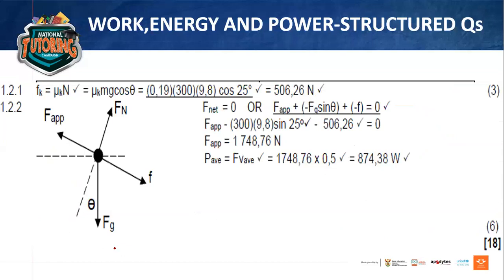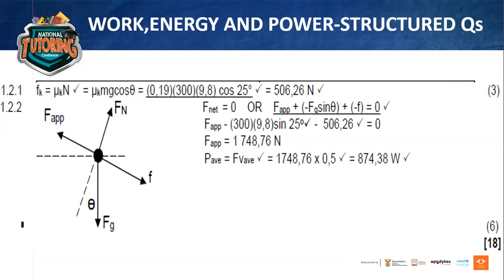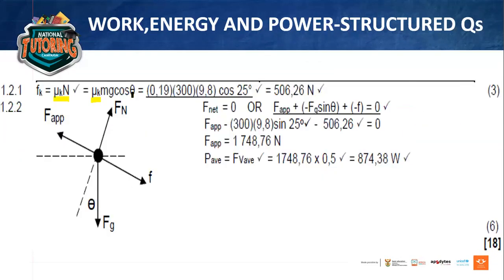Our answer then, the formula to calculate kinetic friction is Fk equals coefficient of kinetic friction times normal force. Remember, the normal force is equal to mg cos theta.